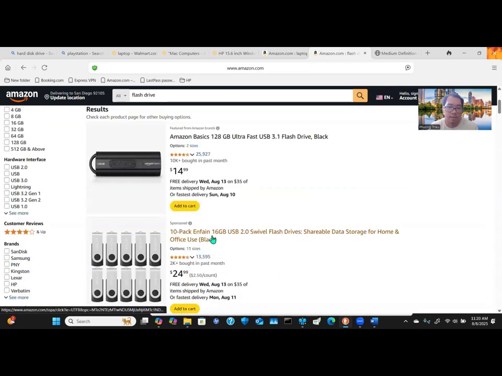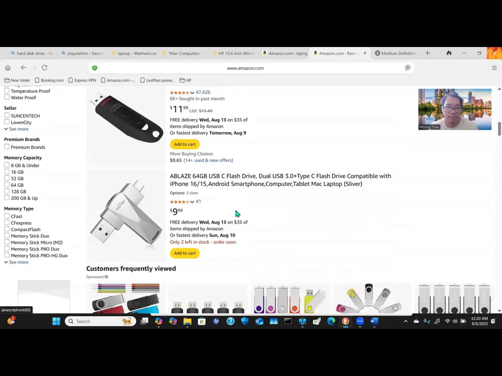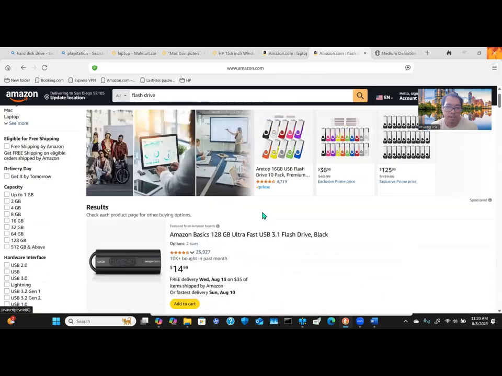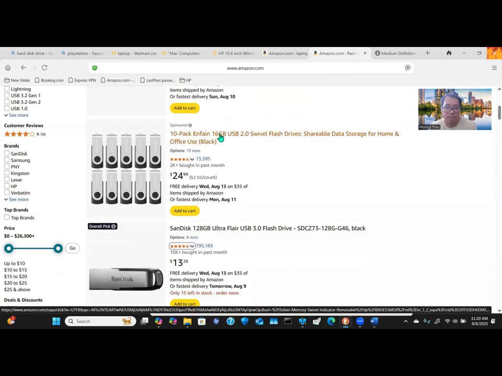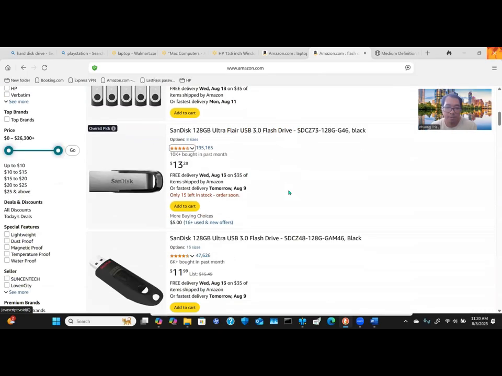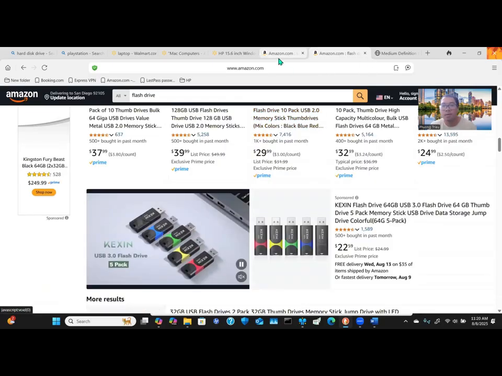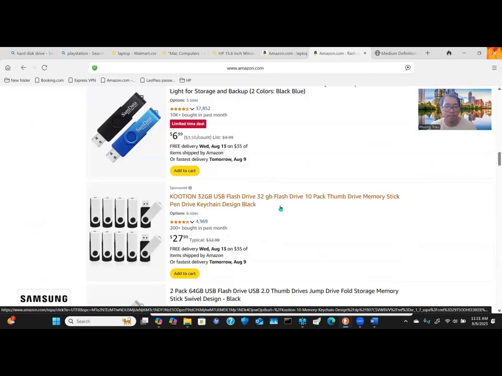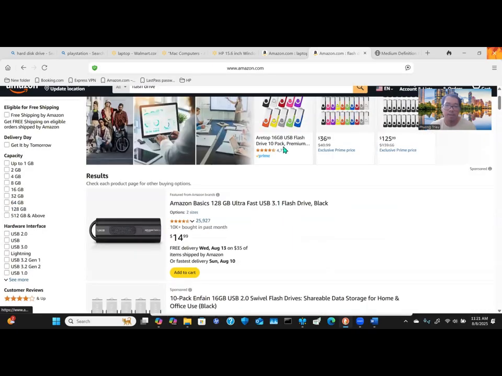So in general, a flash drive can cost less than $50, right? It depends on the storage size. This is 128 gigabytes. This is just 16 gigabytes. If something is 1 terabyte or even larger, then it'll cost more.